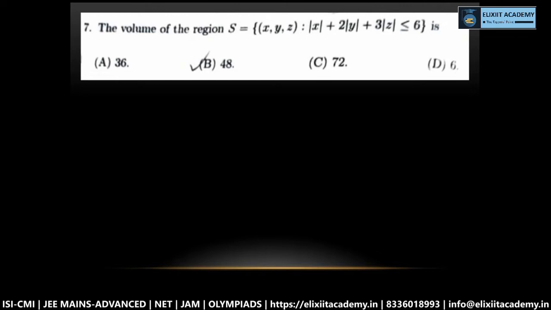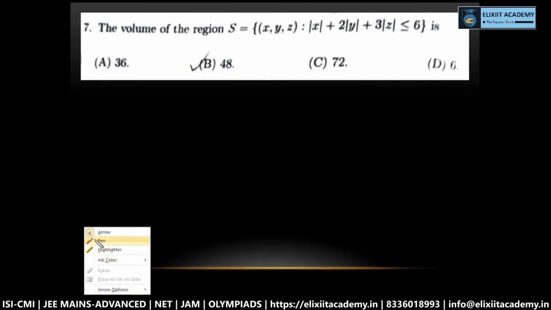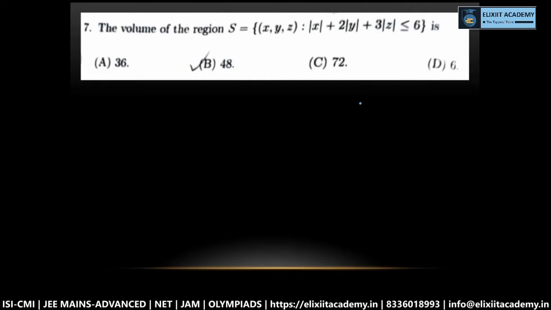Mod x plus twice mod y plus 3 mod z less than or equals to 6. And this represents a tetrahedron. Let's say if I draw the octants, this is a tetrahedron.